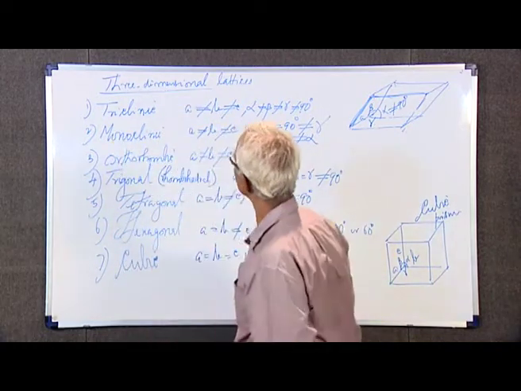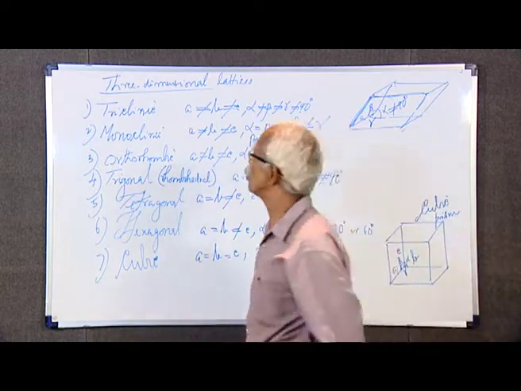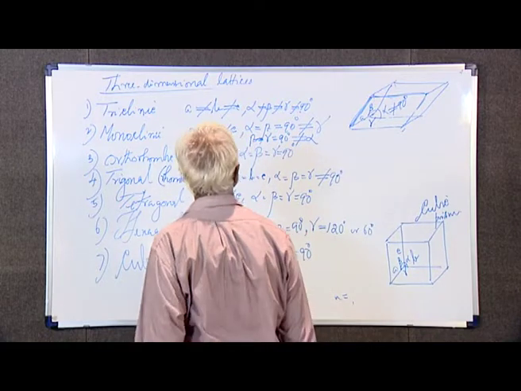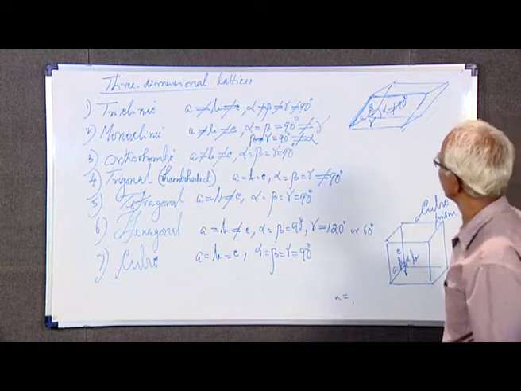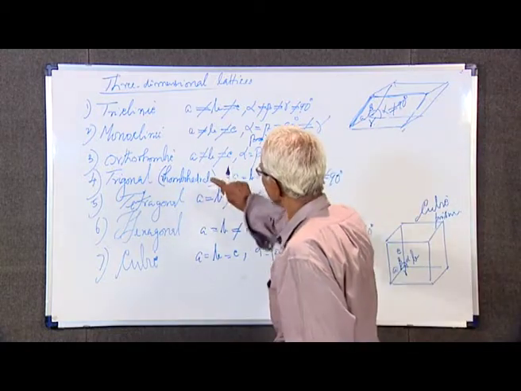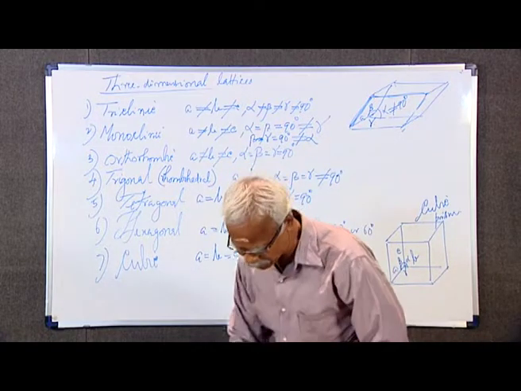There is no such intermediate situation in 2 dimensions, because it is a case of low dimensions. The higher the dimension, as I told you, more possibilities open up. Now let me take up the tetragonal lattice.